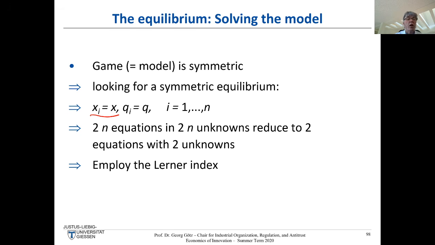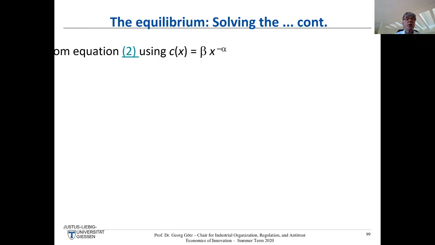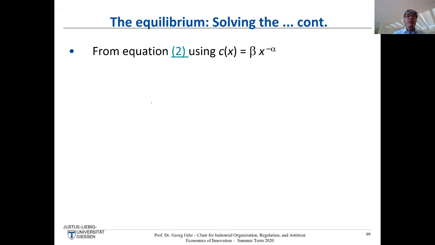What are we doing now? Employ the Lerner index and substitute the specific functional forms. What we had, our equation 2, was nothing else than our first order condition, and now we substitute our cost function, and this is our equation.